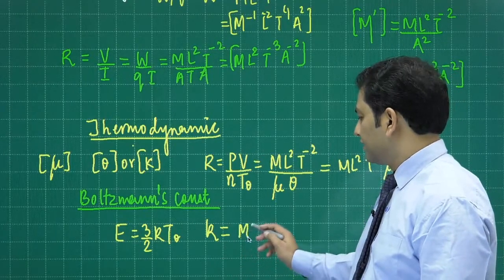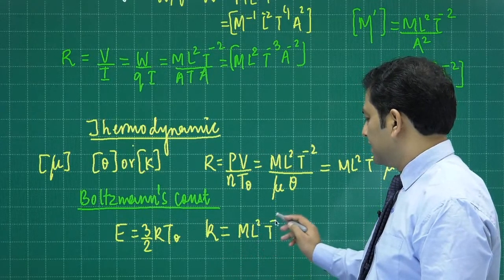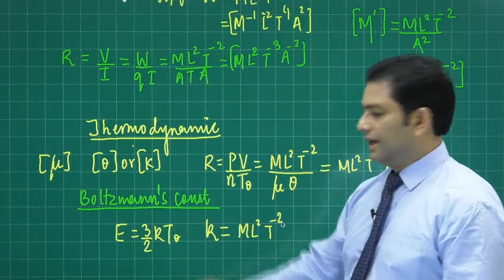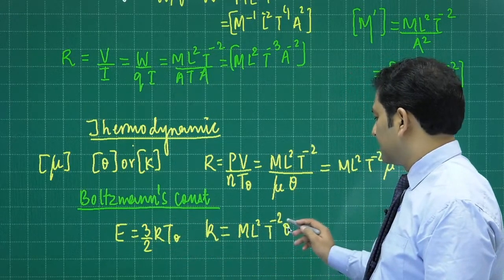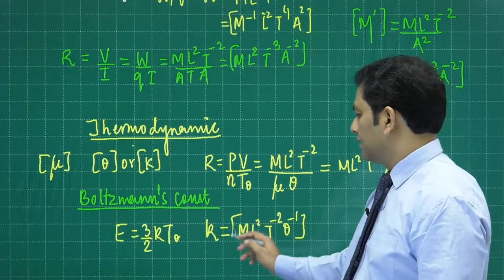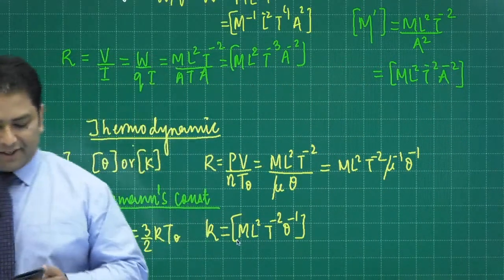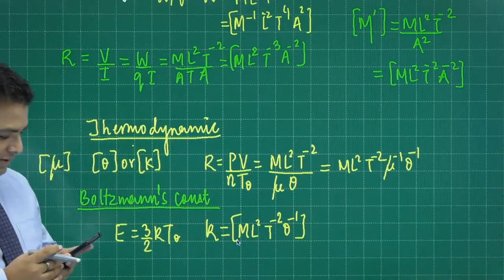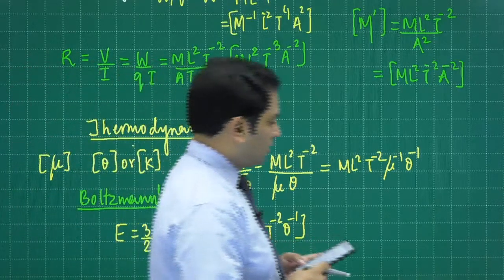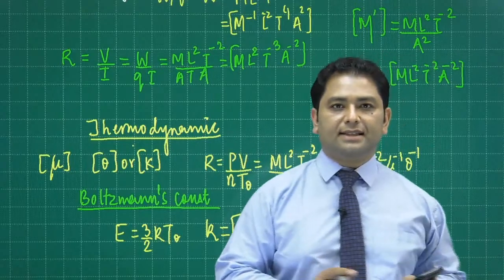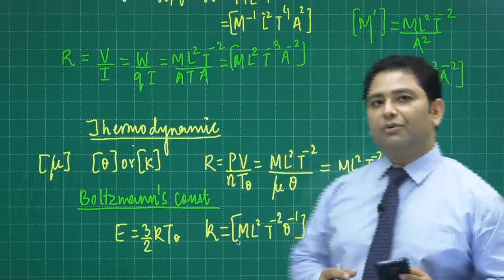And energy is of course ML square T minus 2, and temperature is theta, so that is theta minus 1. So that will be the dimension of Boltzmann's constant. All right.